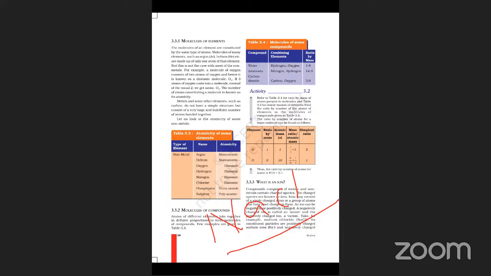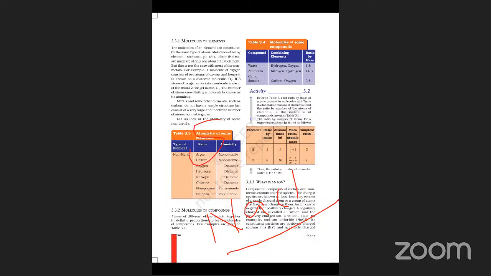Sodium is metal, chlorine is non-metal. They both contain the charged species: sodium positive ion, chlorine negative ion. So the question is, what is exactly the ion? So the ions may consist of a single charged atom or a group of atoms that have a net charge on them.